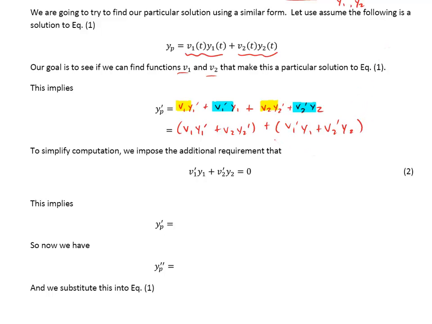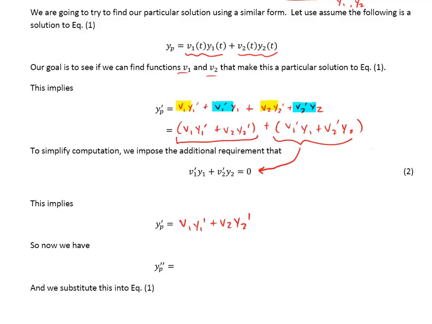And just so that this resulting form is easier to solve, take my word on it for now, and you'll see later on why this makes sense: v1 prime y1 plus v2 prime y2, let's assume that that is 0, so that really all we have now for yp prime is v1 y1 prime plus v2 y2 prime.